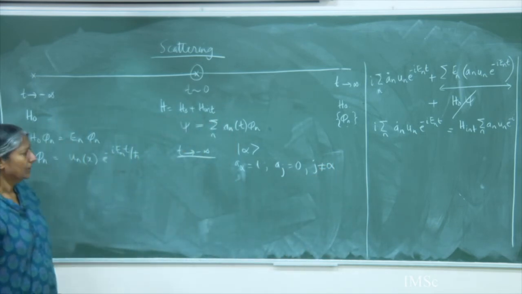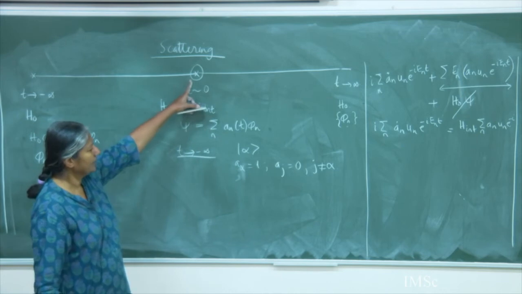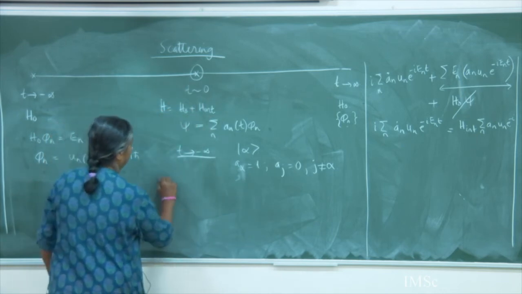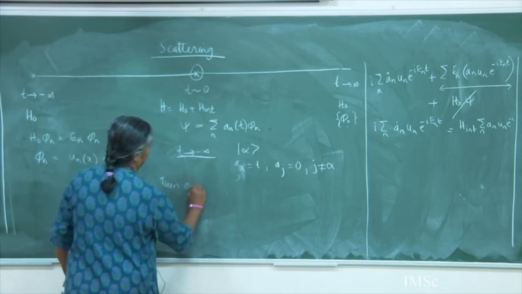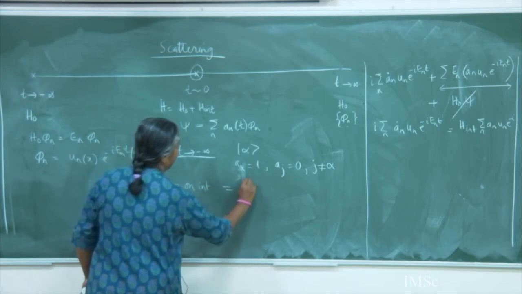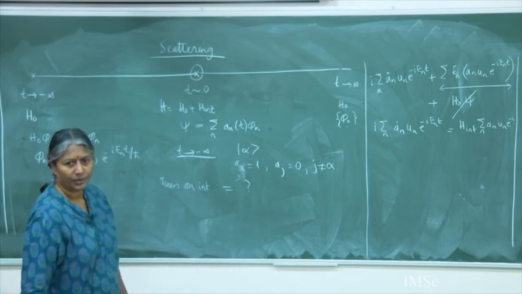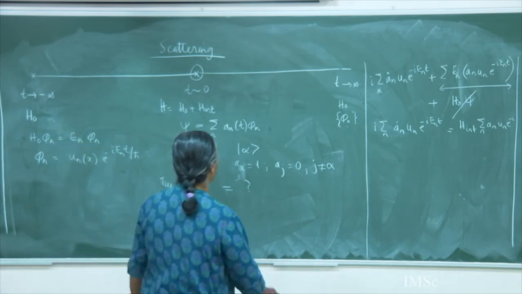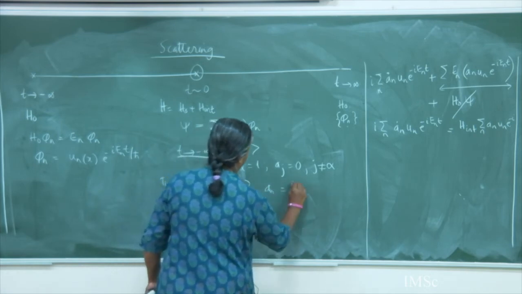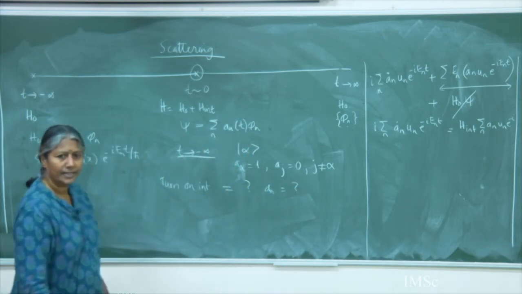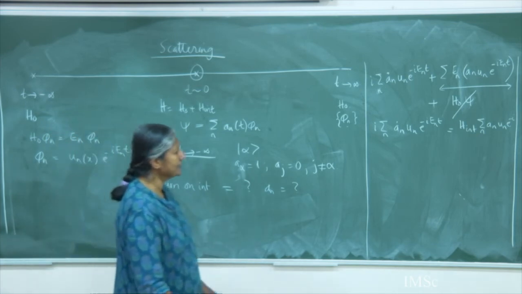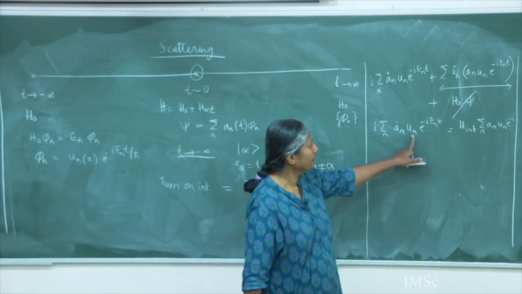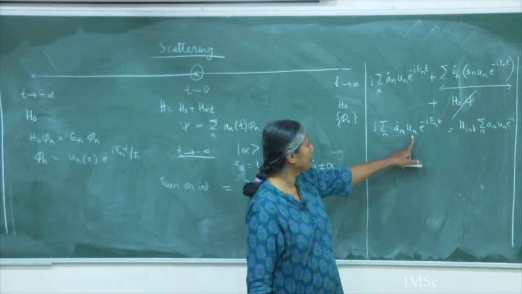Now I turn on the interaction and ask what happens. To ask what happens, I should find out what the a n are. So to find the a n's, I use the orthogonality condition on the u n's.